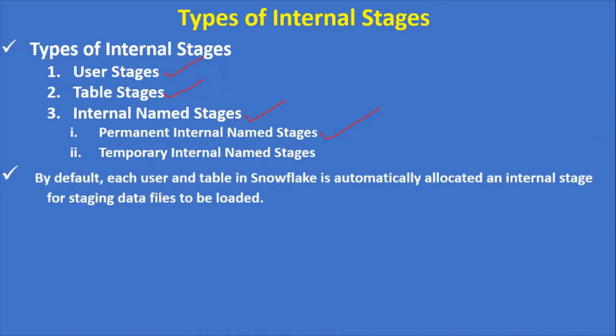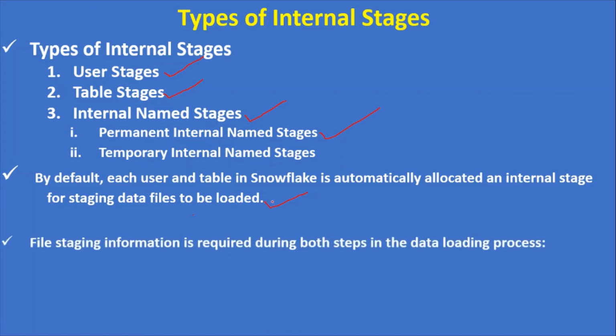By default, each user and table in Snowflake is automatically allocated an internal stage for staging data files to be loaded. So, for each and every user, an internal stage will be created automatically, and also for the tables.